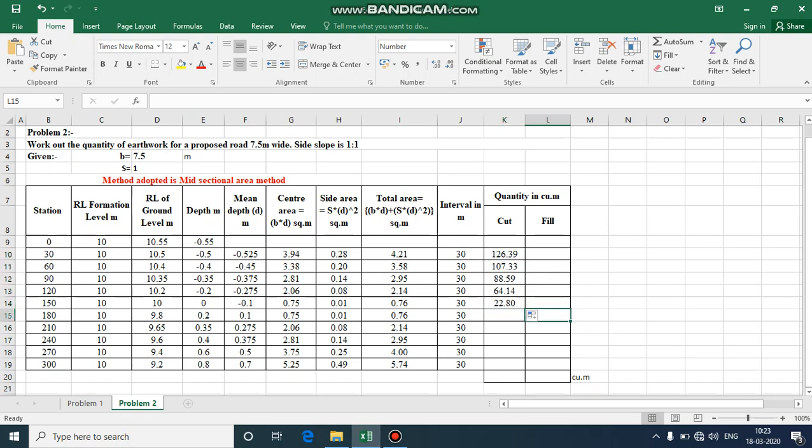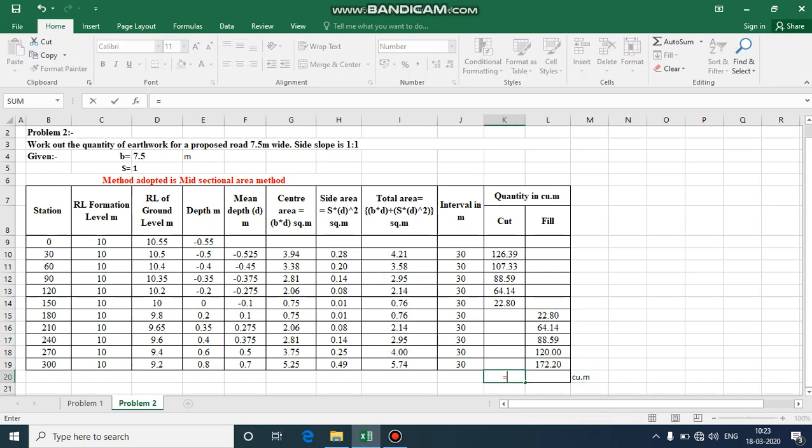Then for positive mean depths, I have to calculate the earthwork in filling part. That is area into corresponding interval. Drag it, you get the quantity of earthwork in filling for corresponding mean depths. Then you have to sum it up at the last.